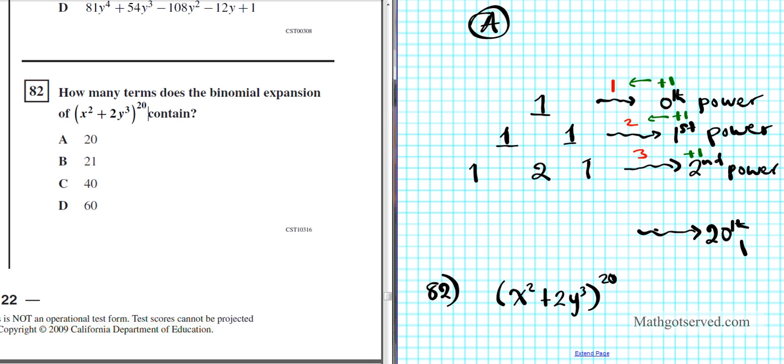The 20th power is going to have the power plus 1. Okay, if the power is 20, 20 plus 1 is going to be 21. So there are going to be 21 terms. You don't have to do Pascal's triangle all the way there. It's ridiculous, but just follow the pattern. So it's plus 1. So our answer is option B, 21 terms. Okay?